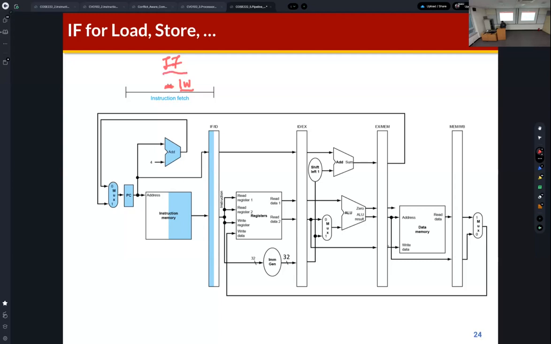In the instruction fetch stage, I mentioned that the clock signal is also connected to the clock port of the PC register, the program counter register.